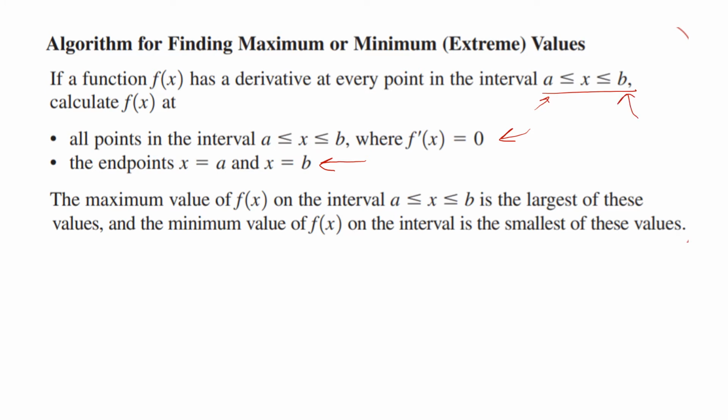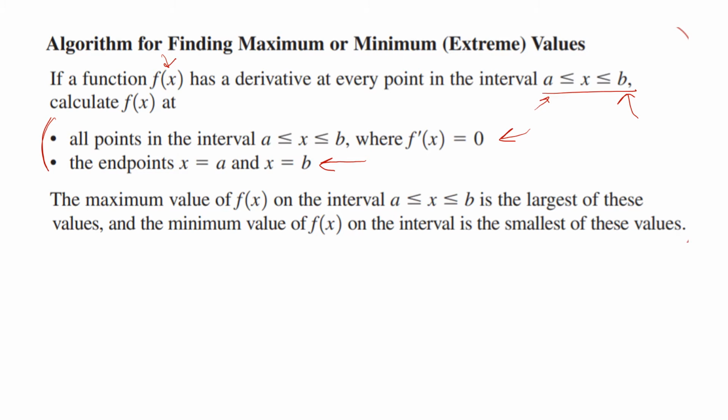So now that we have all our points, in order to finalize on a maximum and minimum, what we do as a second step is that we take the points that we found from these two, right, and plug them into our original function given. So plugging it back into f(x). The maximum would be the largest value obtained by plugging it in, and the minimum would be the lowest.